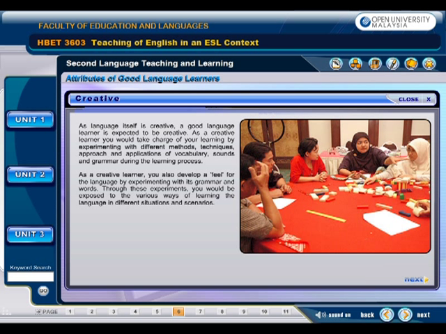You also develop a feel for the language by experimenting with its grammar and words. Through these experiments, you would be exposed to the various ways of learning the language in different situations and scenarios.